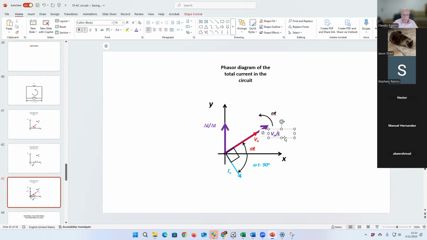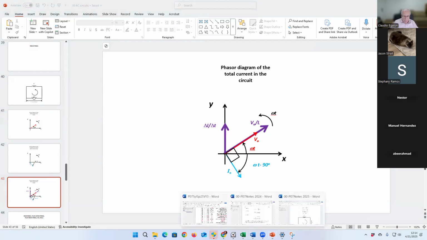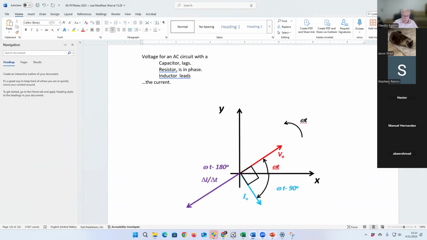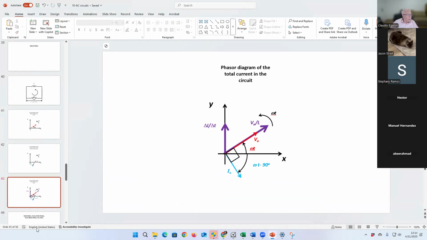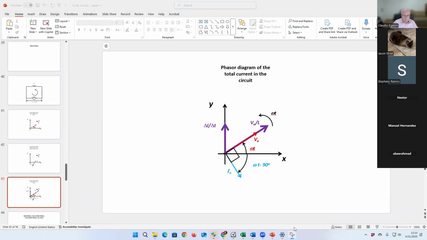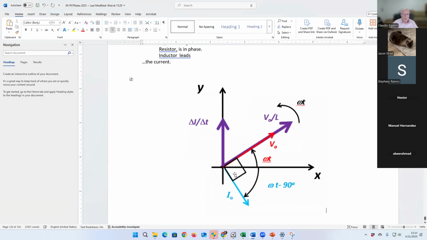The projection is delta I over delta T. The whole vector is V naught over L. So I'm going to replace that right in here.